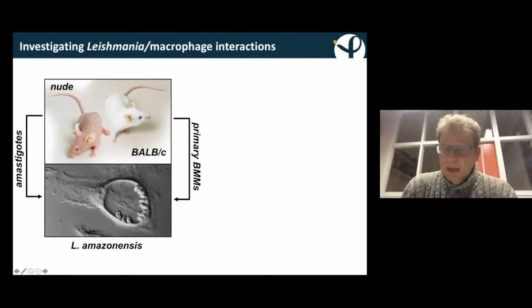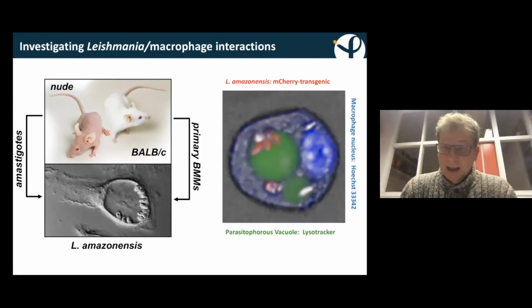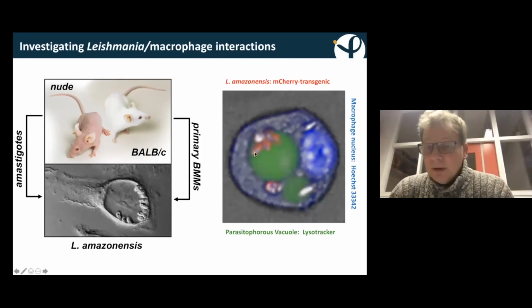And we can also visualize what happens in a very fancy way. So here, for example, our parasites, these little berries here, are fluorescent red, because we have overexpressed a transgenic marker that turns these parasites permanently red, so we can see them in red under the microscope.